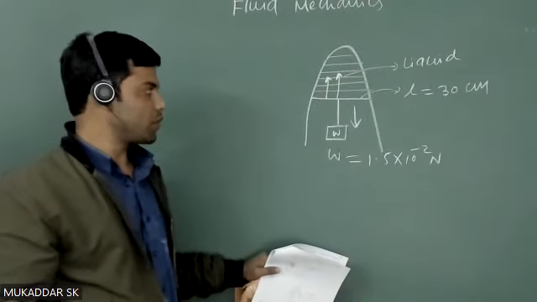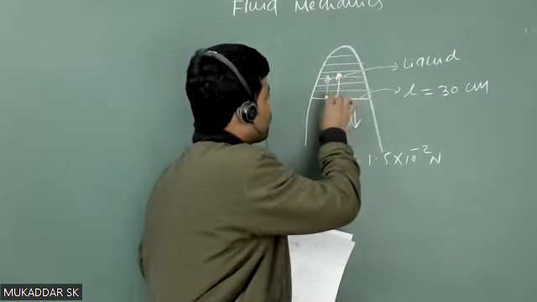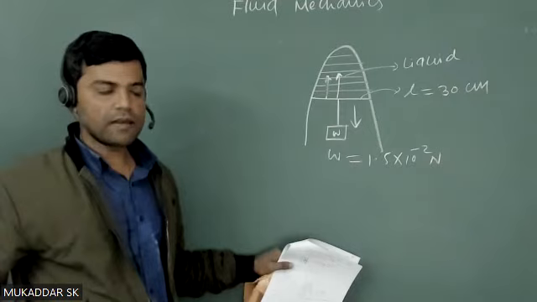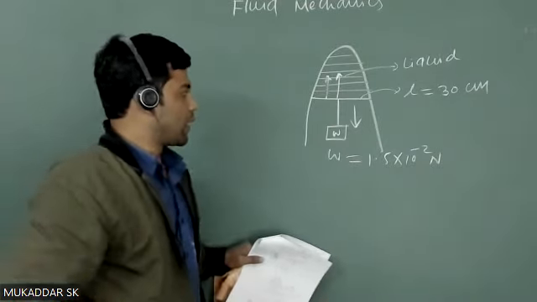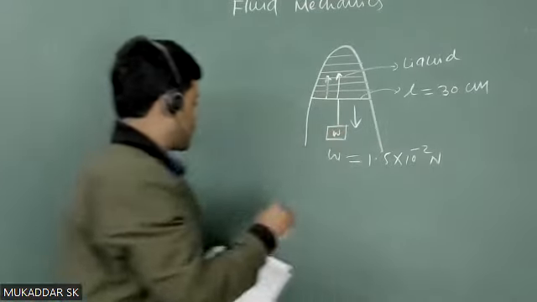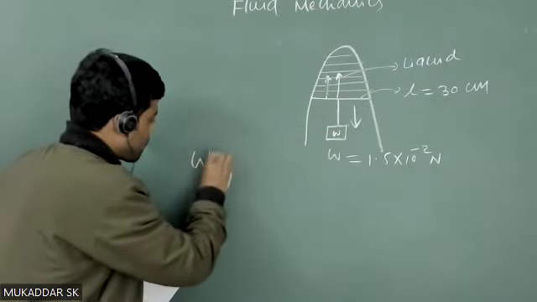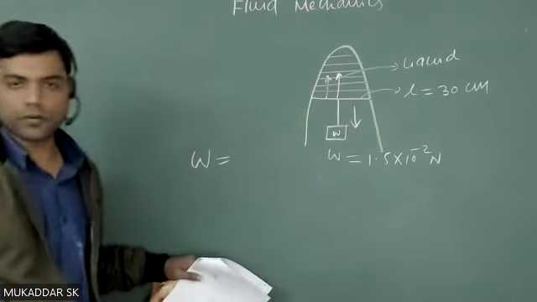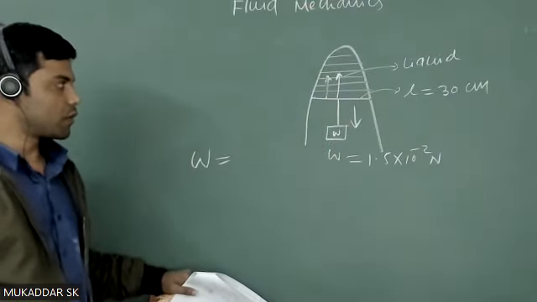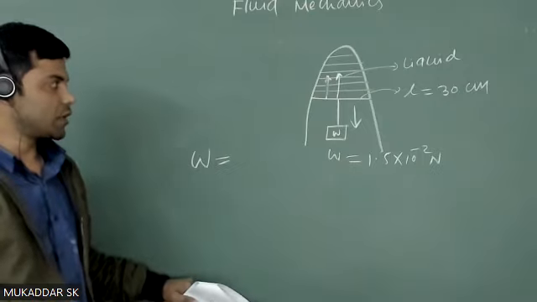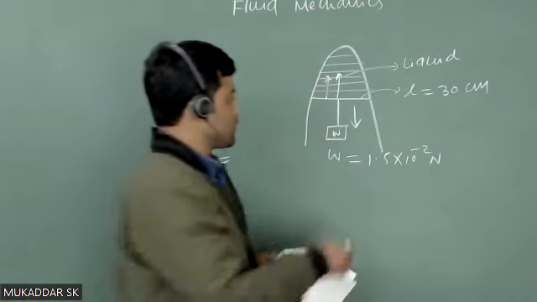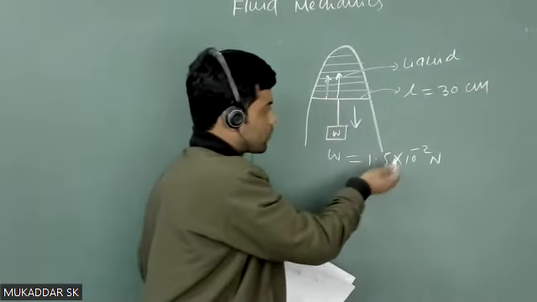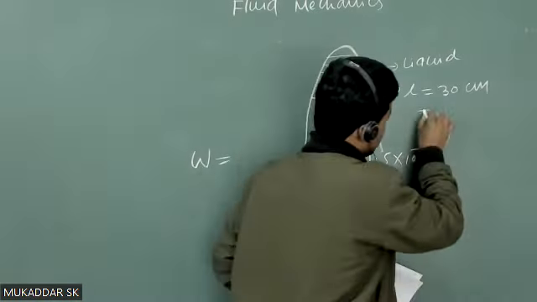So support means that the net force on the sliding wire is 0, and so basically W will be balanced with that upward force, which arises because of surface tension. So the question is that it can support this much weight, and you have to calculate the surface tension of this liquid.